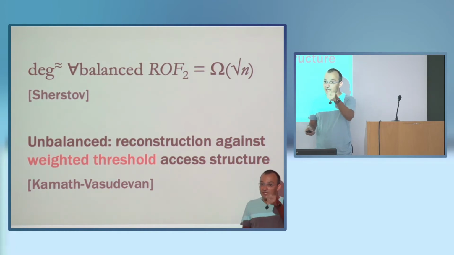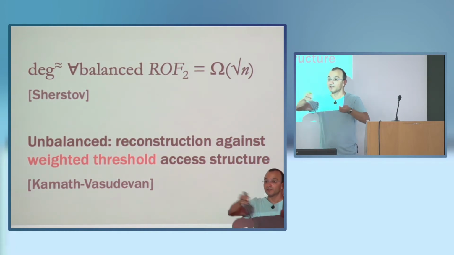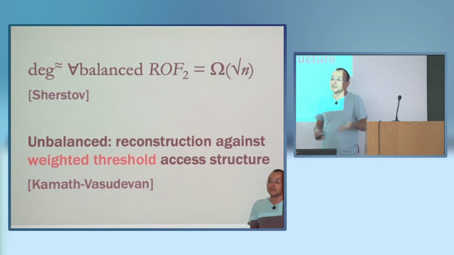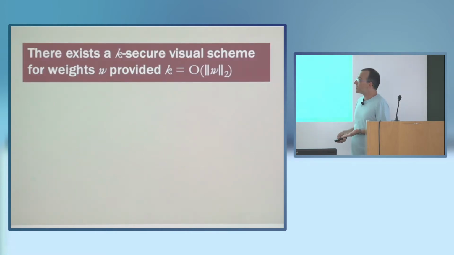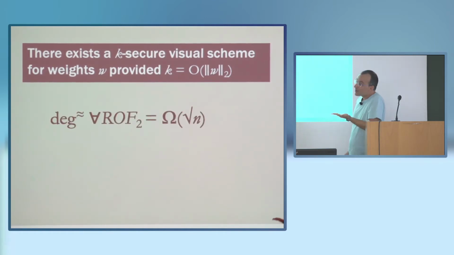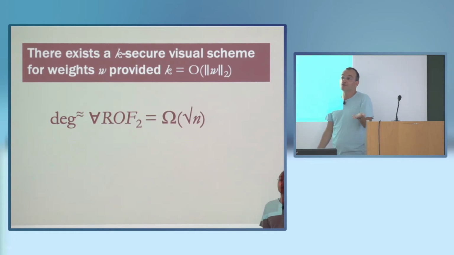Okay? So each party gets a weight, and only when the total weight exceeds a certain number should you be allowed to reconstruct. And the question is, can you design such a scheme? And in fact, the proof that I gave you extends to that case. So instead of taking this set S to be from the lower part of the cube, I do some kind of weighted threshold. And you get what is required for the proof to go through.